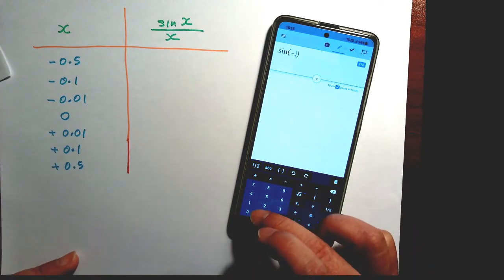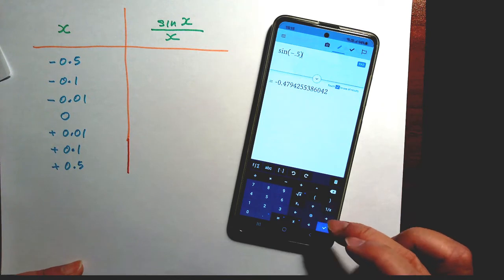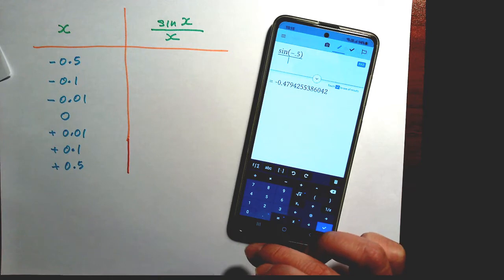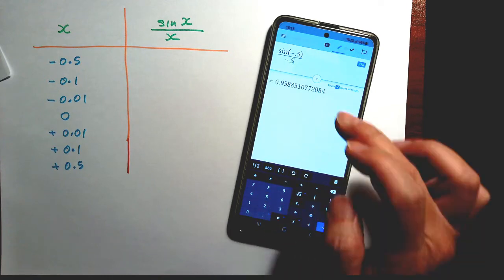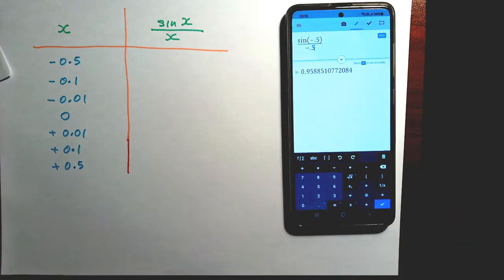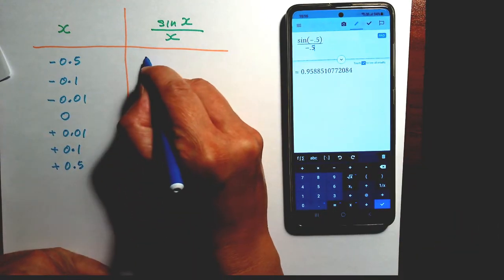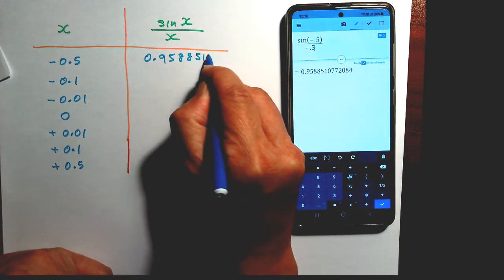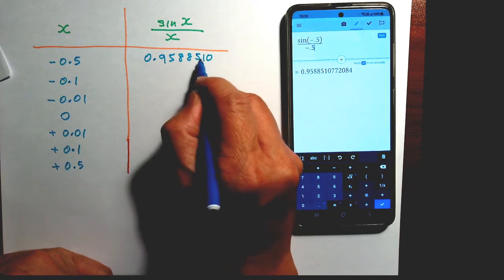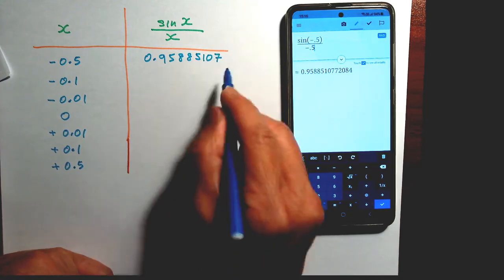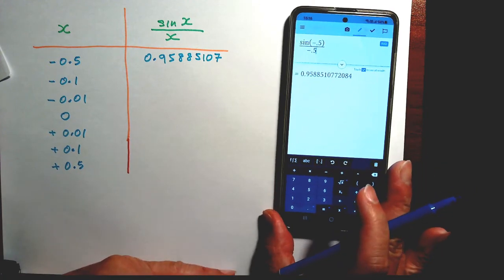So minus 0.5 divided by minus 0.5, same value. So let me write it down. The value would be 0.9588510. Let's do 8 digits. 5107. That's good enough for our illustration purposes.